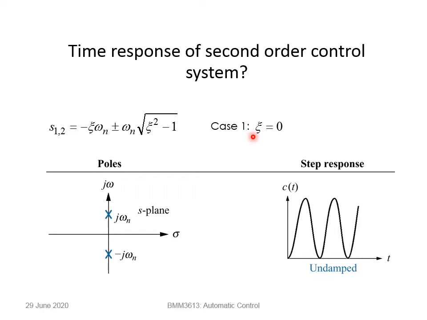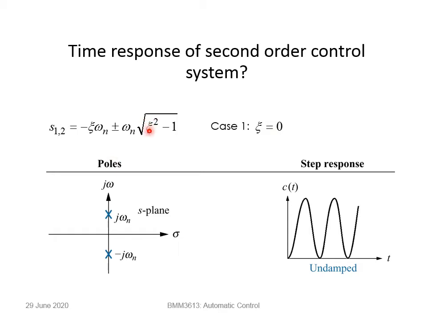It means a is 0, so no decay at all. So we can predict even before we do any calculation that the response will be an undamped response, and we will therefore have the position of the poles strictly on the j omega axis. So let's have a look at what happens if zeta equals 0.